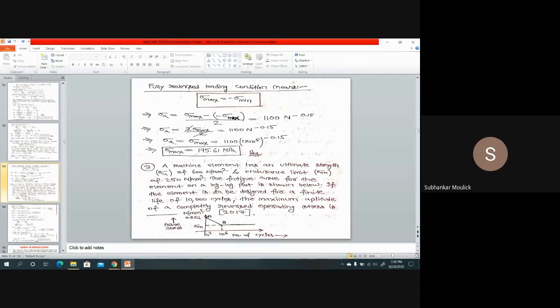The fatigue curve for the element on a log plot is shown below. This is the SN diagram for this question. If the element is to be designed for a finite life of 10,000 cycles, the maximum amplitude of completely reversed operating stress in Newton per millimeter square is how much?